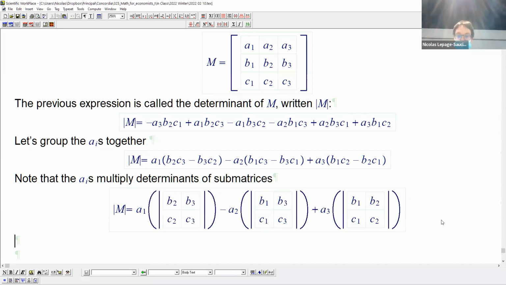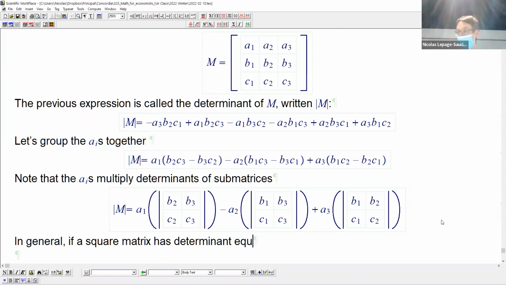Right. So, conclusion, in general, if a square matrix has determinant equal to 0, then its rows or columns in this situation form a set of linearly dependent vectors.